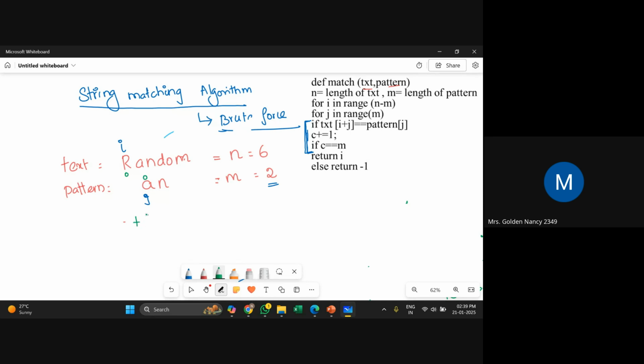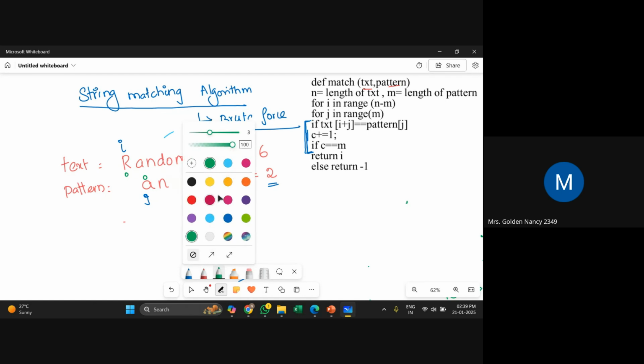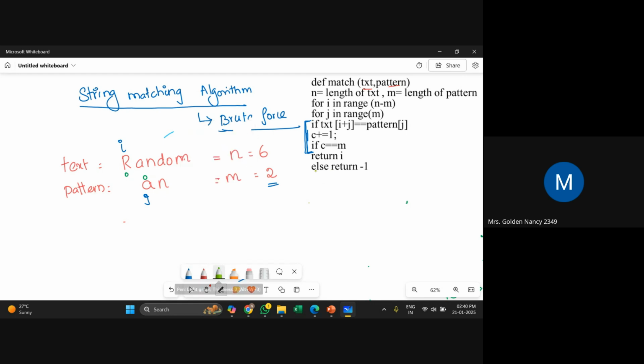So t represents text, t of 0 plus 0 is equal to pattern of j. Now the value of i is 0 and the value of j is 0. i goes till n minus m, and j goes till 2, because j ranges over m only, and the value of m is 2.